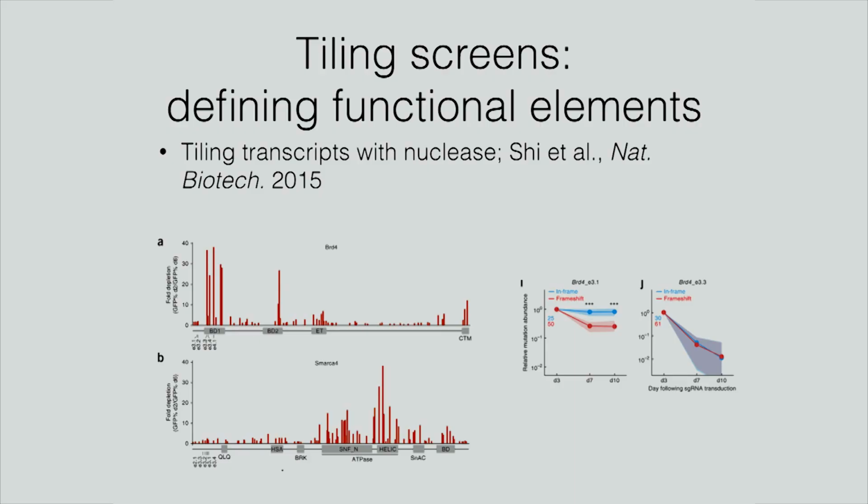And so you could imagine if you didn't have this here, you could do a pretty good job of guessing what areas of the protein are interesting, what you might want to do some mechanistic studies on.